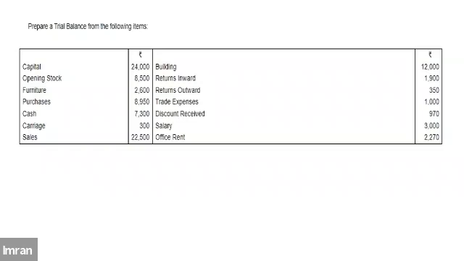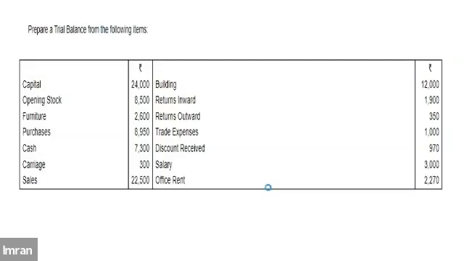I hope the question is visible to both of you on your screen. Is that visible? Yes, sir. Anyways, let me read this question for you. It says, prepare trial balance from the following items.